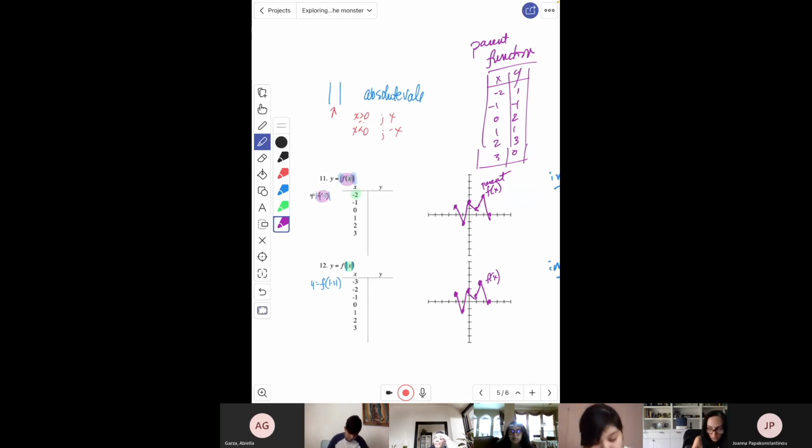The function evaluated at x equal -2. In the parent, what is the y? 1. 1, absolutely. And then I'm going to come back in here and say, all right, y equals the absolute value, and you said of 1. What is the absolute value of 1?